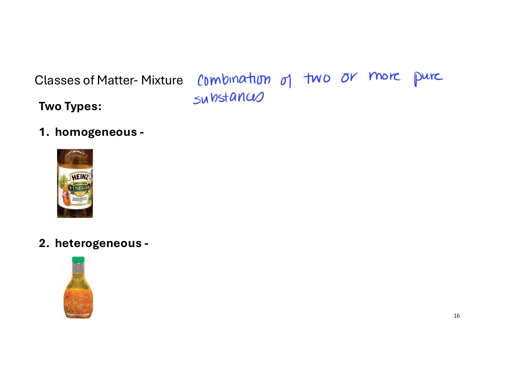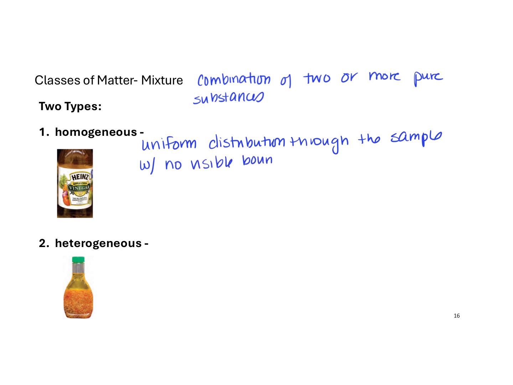If it's a homogeneous mixture, it has a uniform distribution through the sample. All that means is the sample is uniform. It's the same thing. It has no visible boundaries or regions.